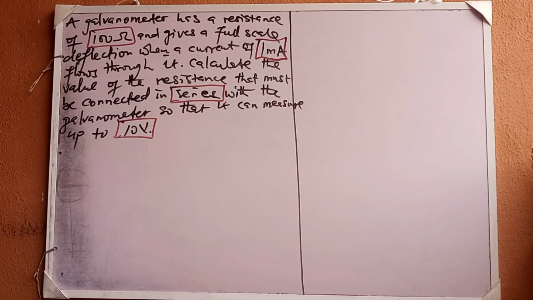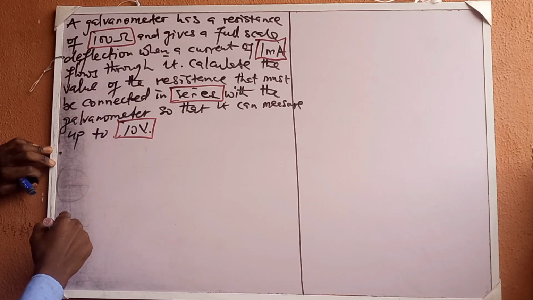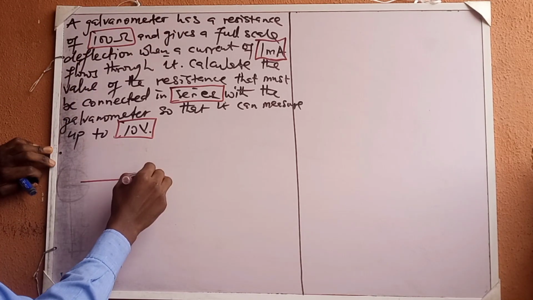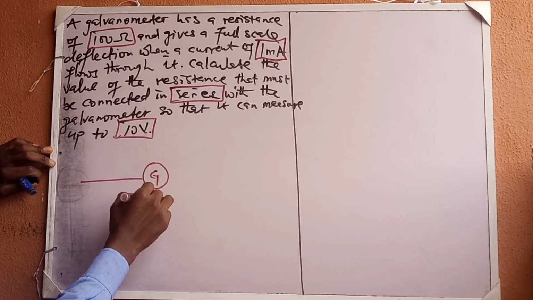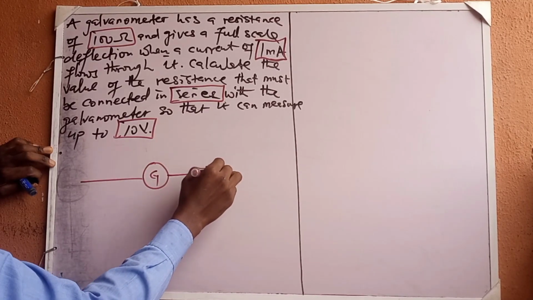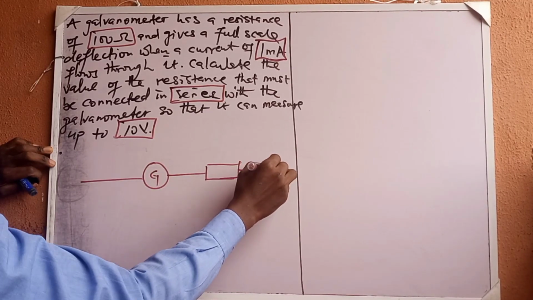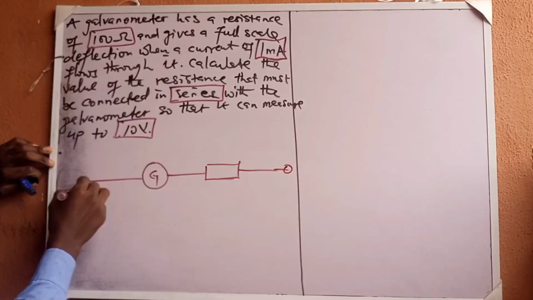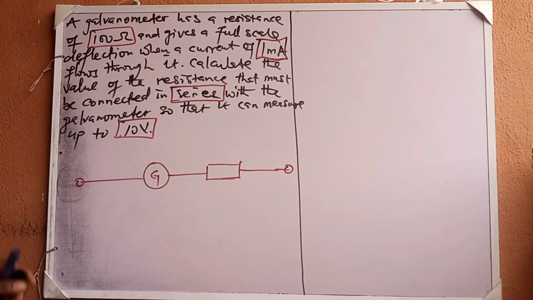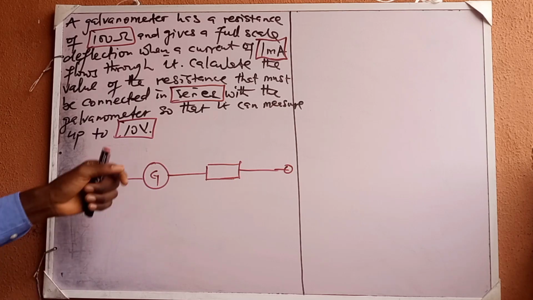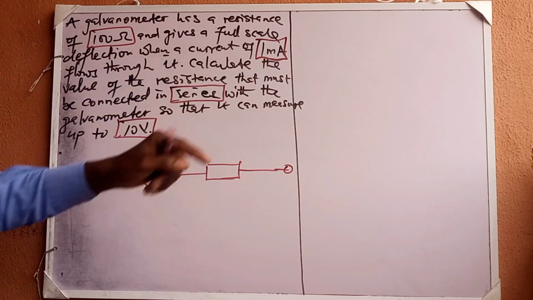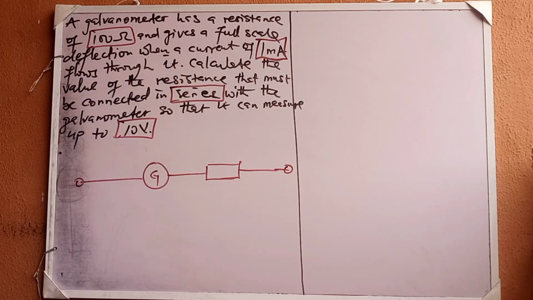So this galvanometer, we want to convert it to a voltmeter that can measure 10 volts, and the resistance that is required has to be in series. Let's look at the diagram. So this is the galvanometer here. We need to connect a resistor in series to it, from this point to this. We are told that this galvanometer gives full-scale deflection when a current of 1 milliamp flows through it.